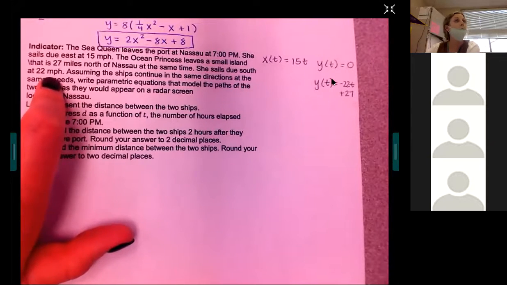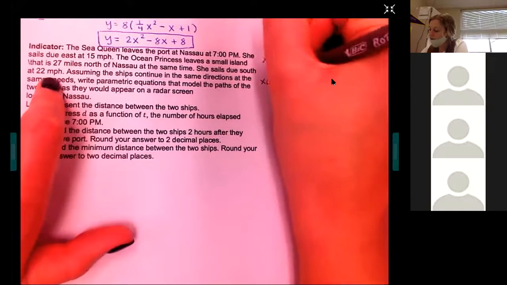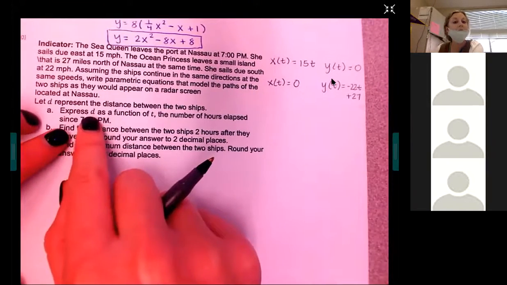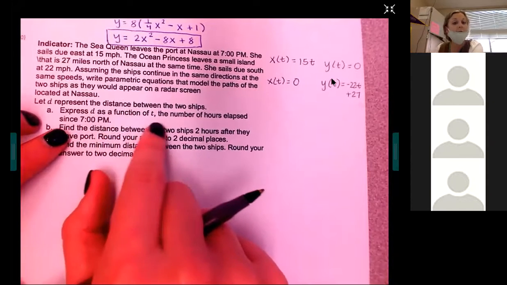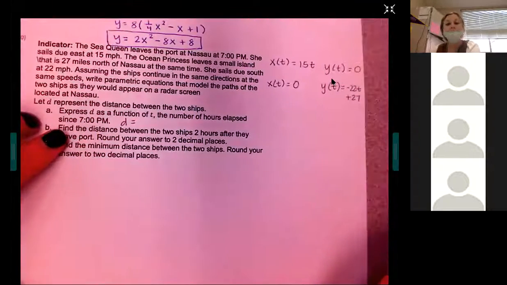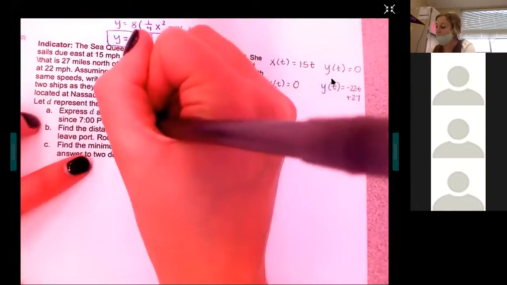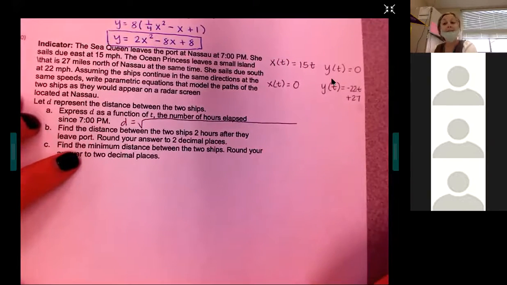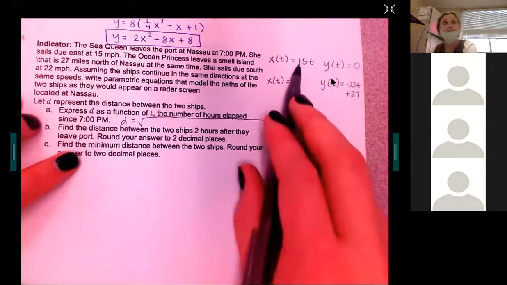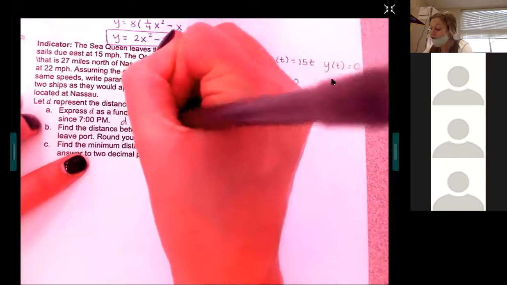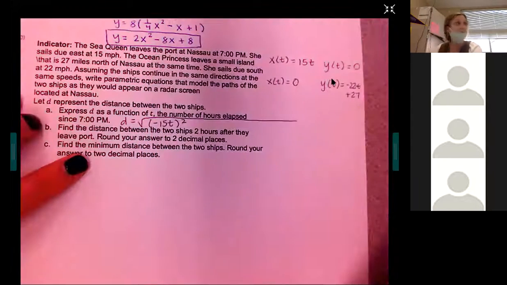What was the horizontal position for the second ship? 0. Very good. So yesterday in our notes, we actually did part A. Express D, the distance, as a function of T. How do we find distance? Distance formula, which is what? X2 minus X1, so 0 minus negative 15t squared would just be negative 15t squared, right?